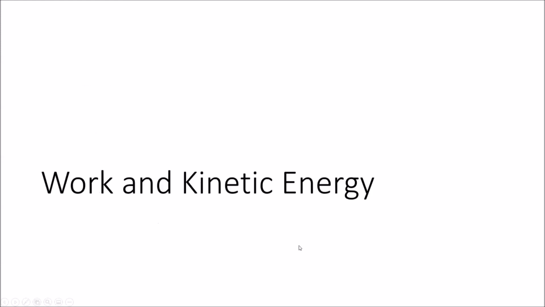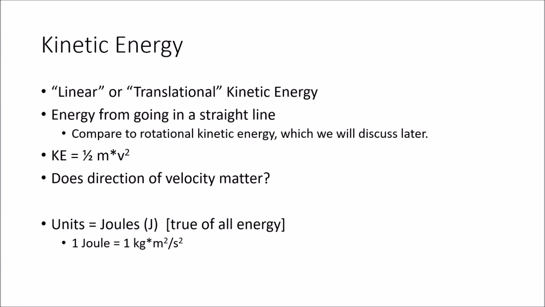This brings us to work and its relationship with kinetic energy. There are actually 2 different kinds of kinetic energy that we will learn about. The first type is the main one, and it's called linear kinetic or translational kinetic energy.